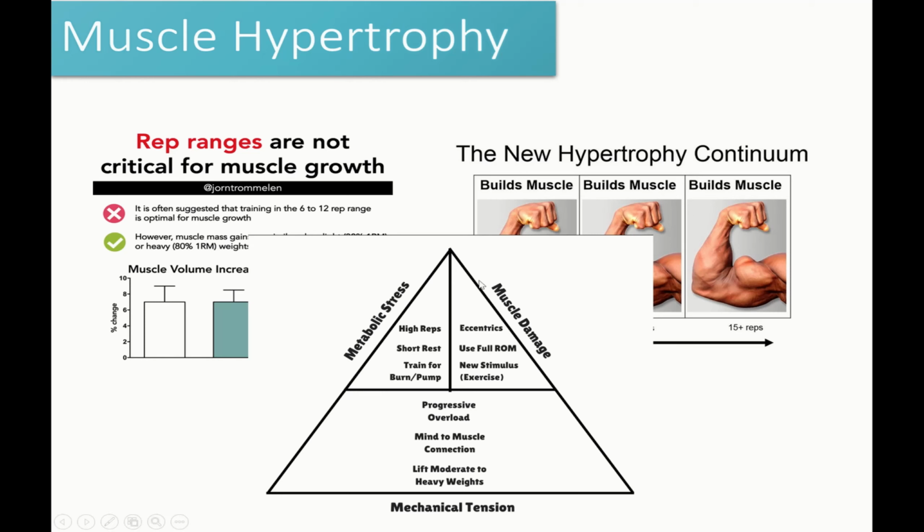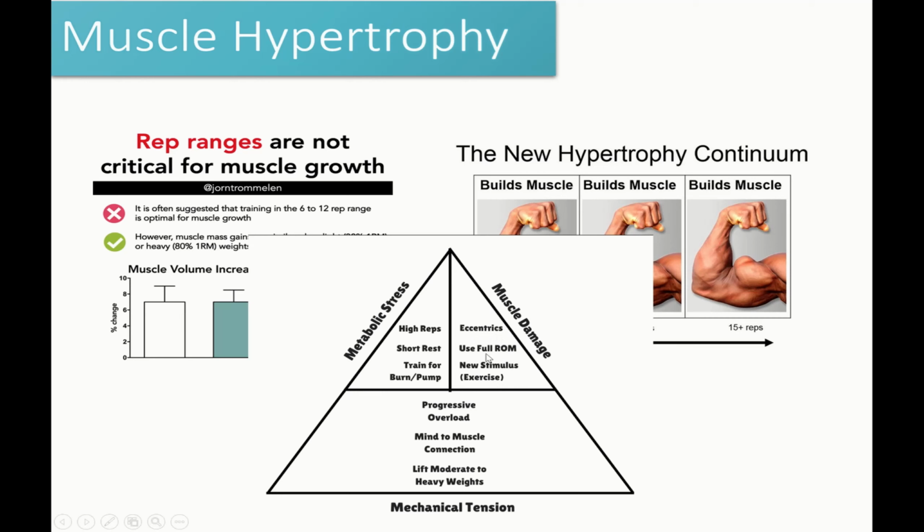Number 2 is muscle damage. As we mentioned in the previous slide, if we're inducing muscle damage, then the muscle is going to grow back bigger and stronger in subsequent training sessions, given that we rest and get adequate nutrition. In order to induce muscle damage, we can do negative training, where we take the weight down really slowly on the eccentric phase, which leaves more time under tension and therefore causes more muscle damage.